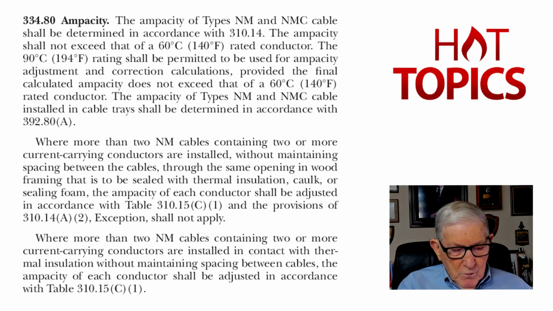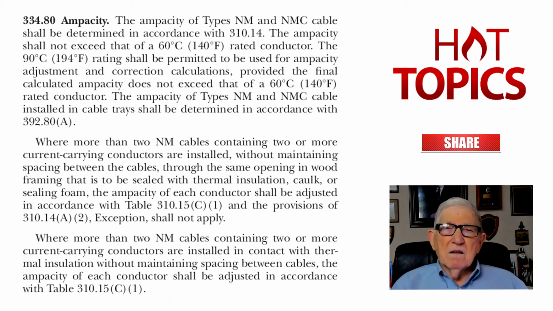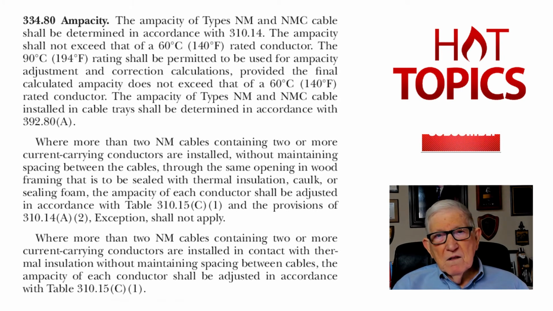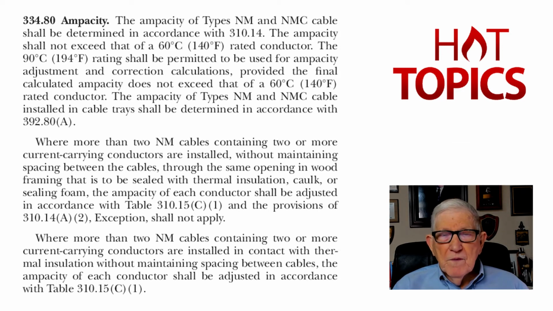A2, then we could use a higher ampacity conductor along with 3, then that's 90 degrees C. If it's in a location where the 90 degrees C could be used, or in wet locations, it'd be automatically a 75 degree column.